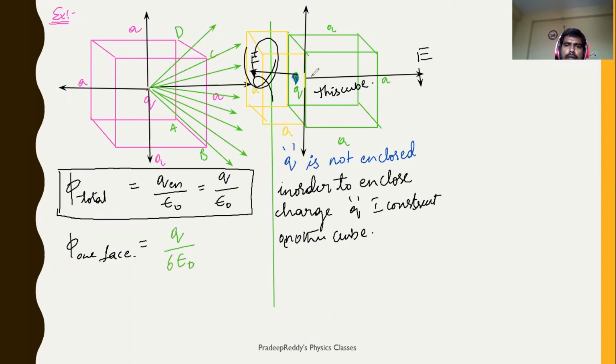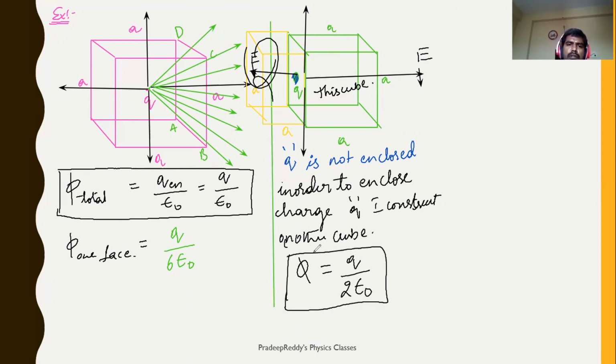Only the field which is passing through this green color cube is required for us. So only half of the total flux from this charge will be passing through this cube. As a result, I can write flux phi will be equal to Q divided by 2 epsilon.